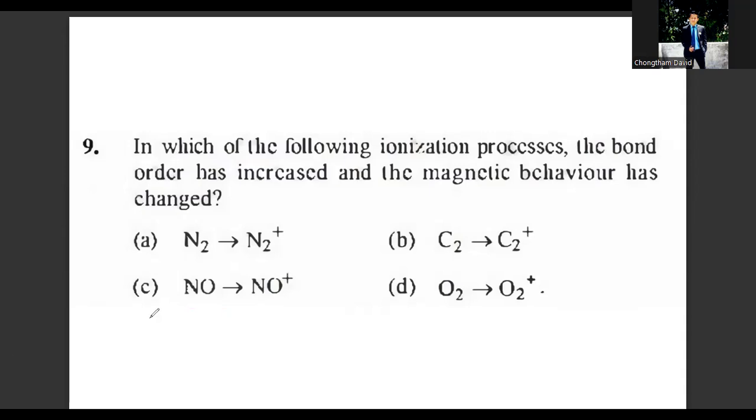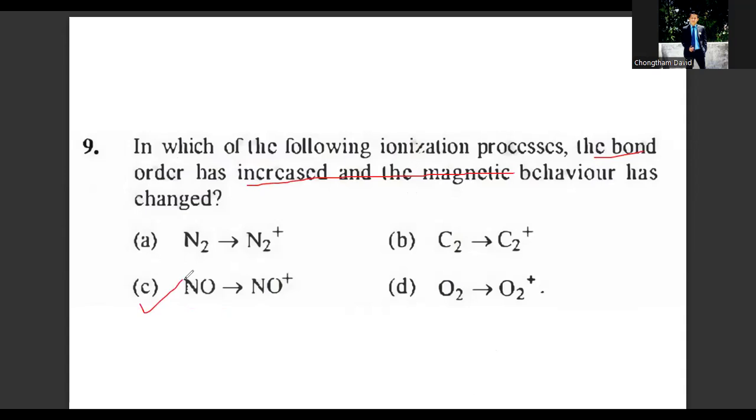So in nitric oxide, the bond order is 2.5 and paramagnetic, whereas in NO plus, bond order is 3 and diamagnetic. The question is asking, in the ionization process, the bond order has increased and magnetic behavior has changed.